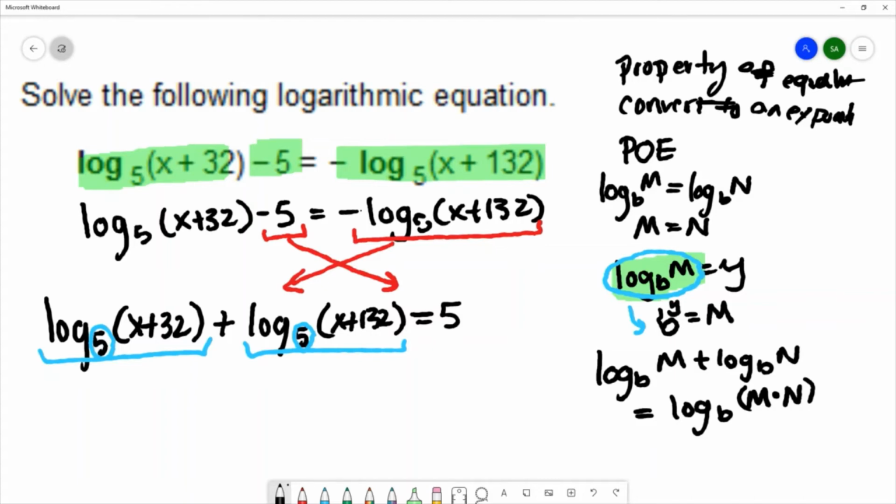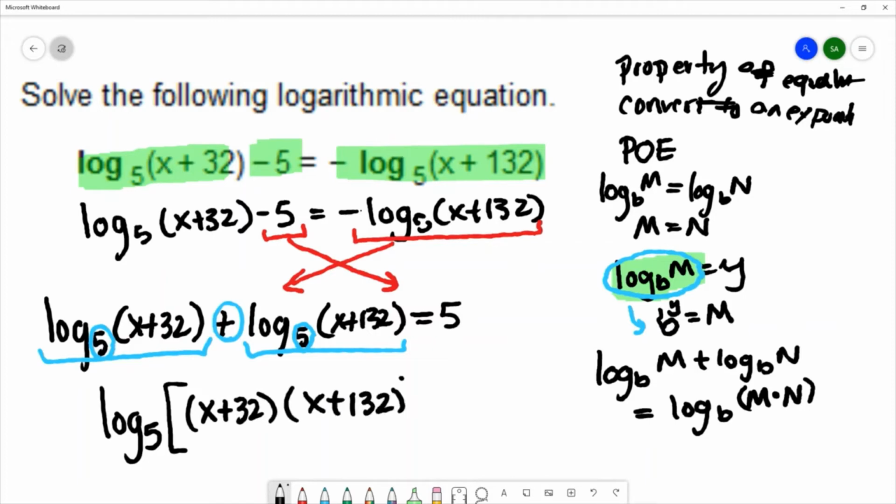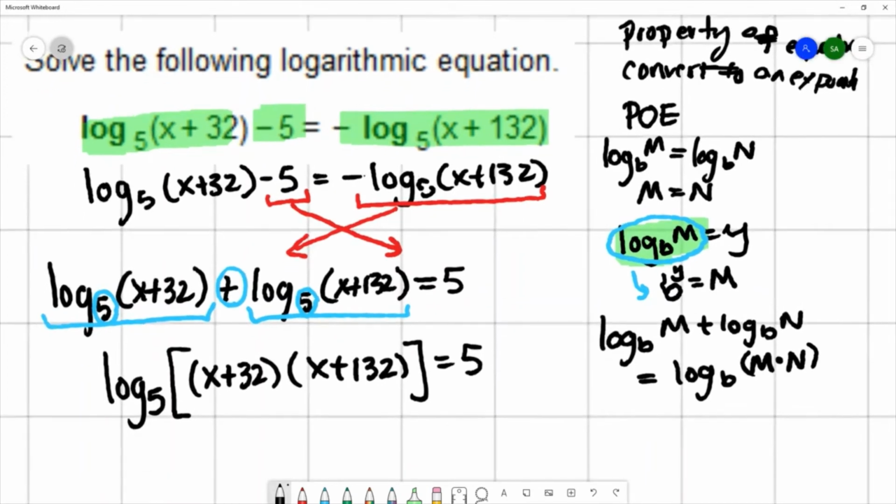So we're going to condense this to a single log. Both of them have base 5. We'll have log base 5, and inside of that we're going to use the product. We're using the product because this is addition. The product of (x plus 32) times (x plus 132) equals 5.